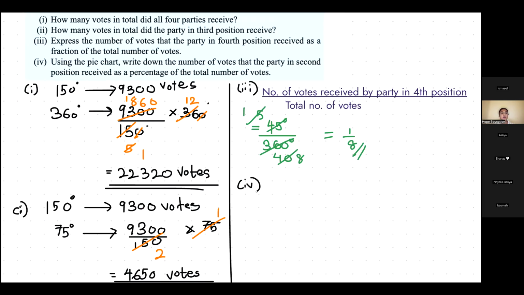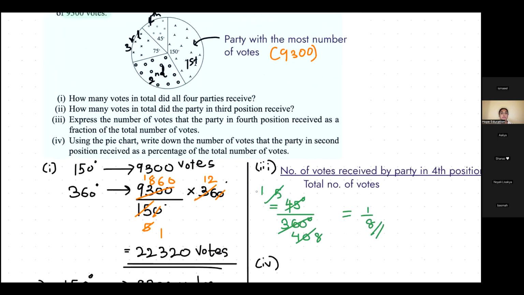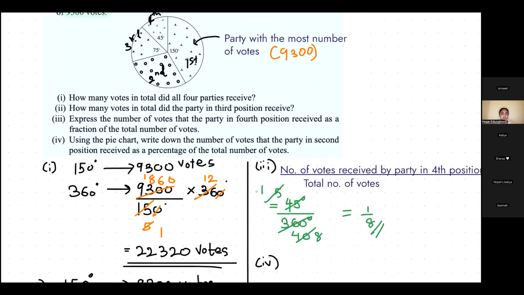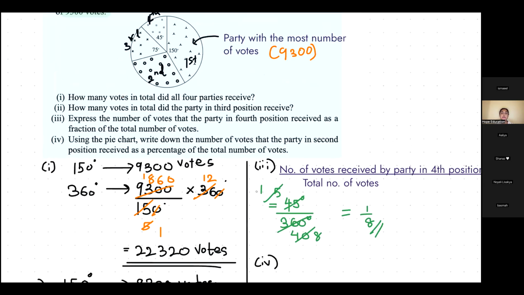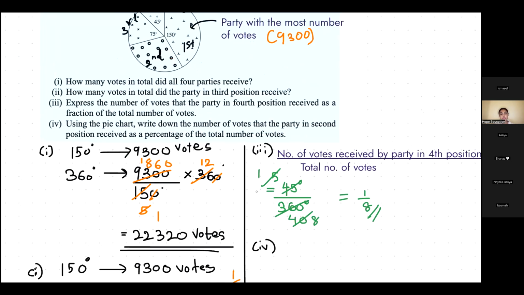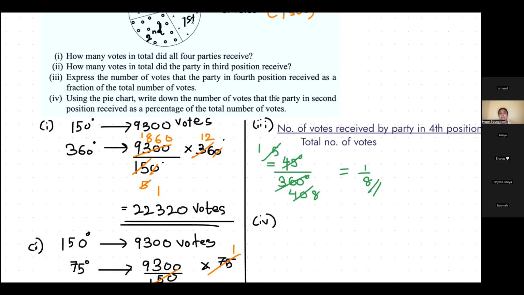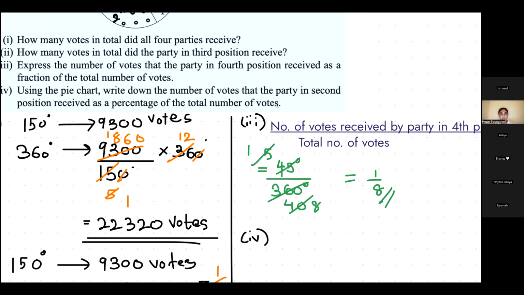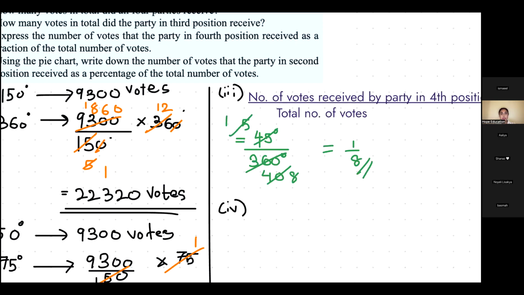Okay. Fourth one, using the pie chart, write down the number of votes that the party in the second position received as a percentage of the total number of votes. We don't have to find the number of votes, the angle is enough. So we need the number of votes received by the party in the second position.